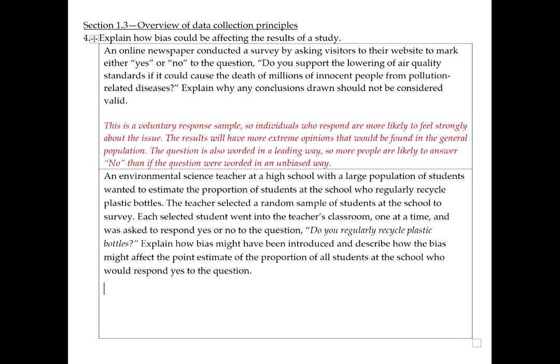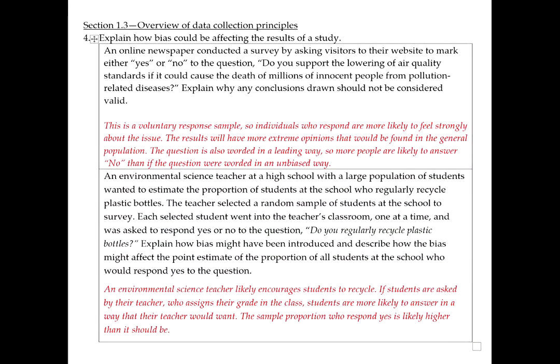Now, the question isn't worded in a biased way, but because students know who is asking them the question, they are more likely to answer yes, which means that the proportion who would answer yes is going to be higher than we would normally expect. So there's the explanation for that question there. So now, not only the sources of bias, but also how that bias could affect the results of a study.